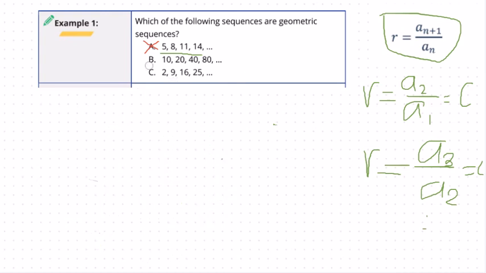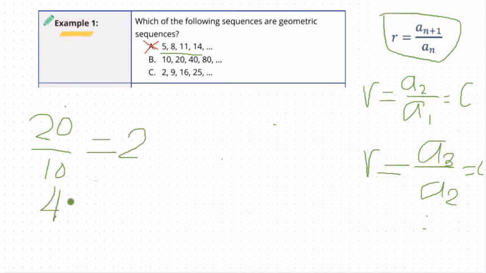What about letter B? Here, the second term is 20, so 20 divided by 10 is equal to 2.